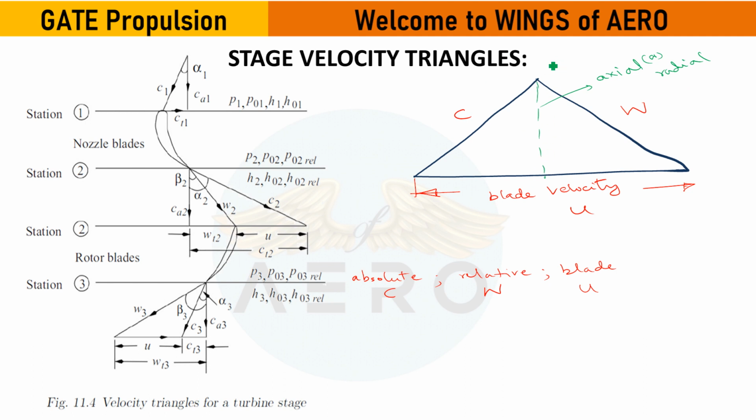But basically this component remains the same. There is another component, this one, called the tangential velocity, where C is there, tangential T, so C with suffix T.